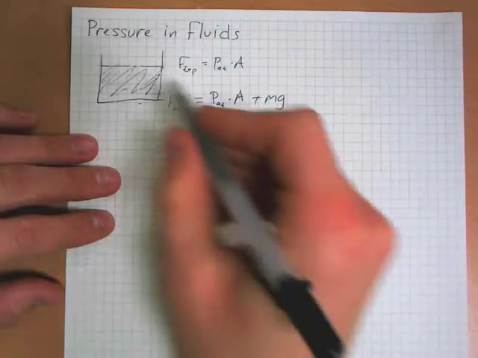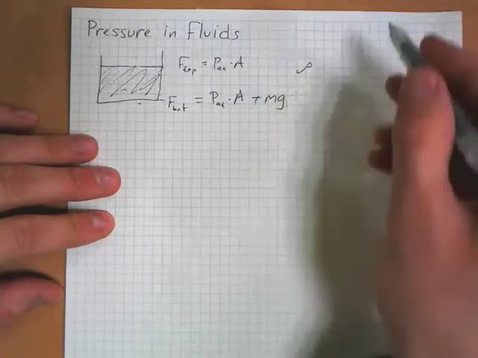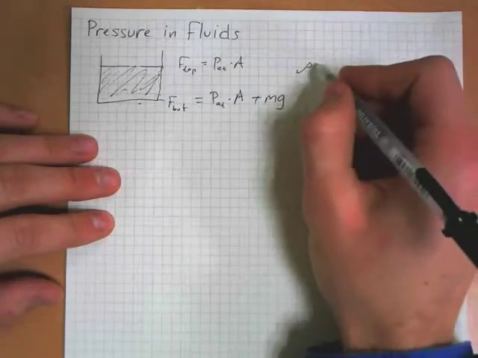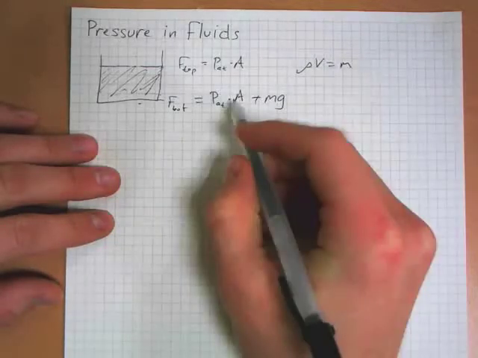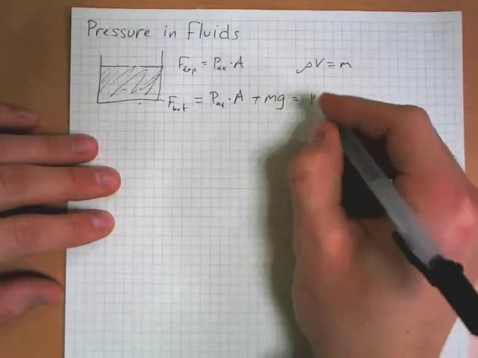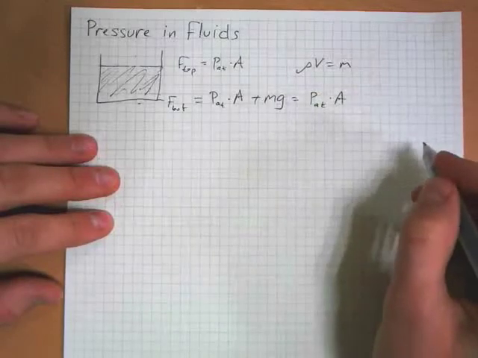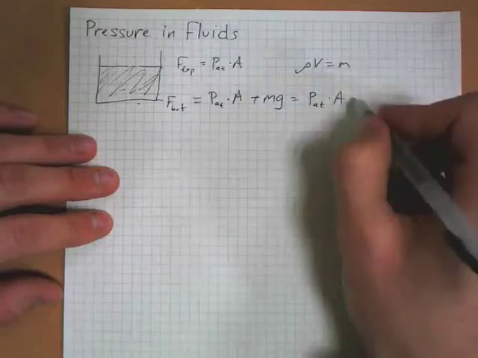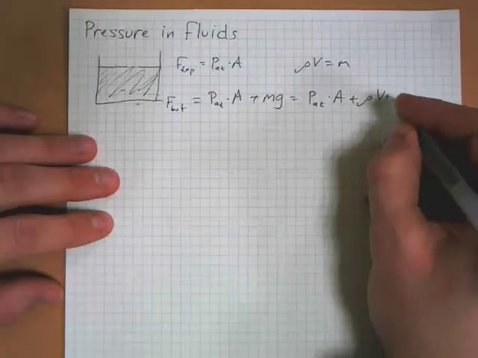Now let's say this fluid has some density, rho. We know that density times volume equals mass. Therefore, we can say that the force at the bottom is atmospheric pressure times the area plus rho V g.